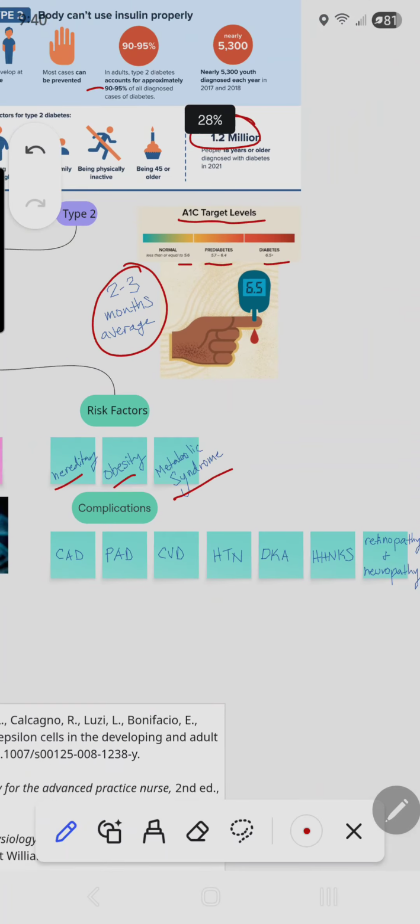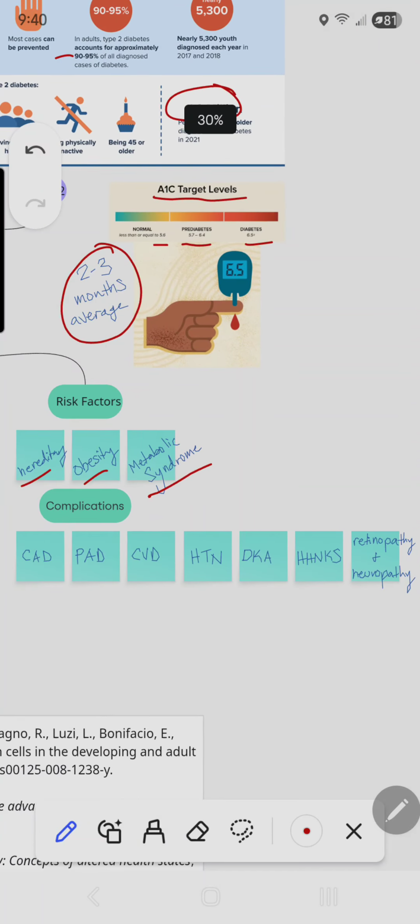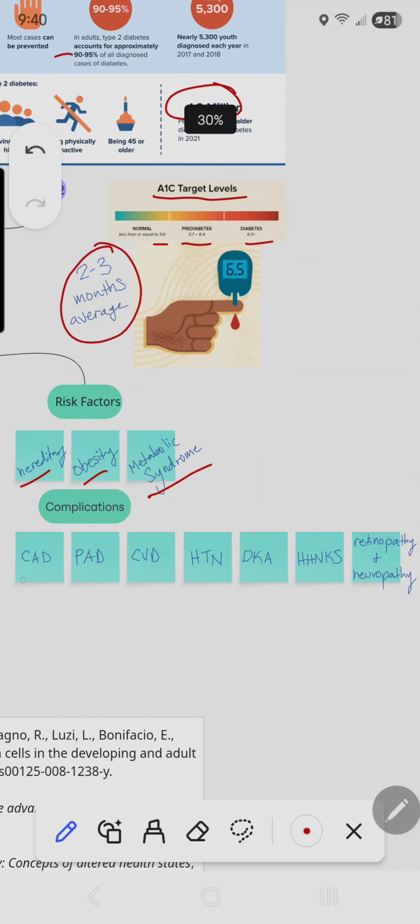There are some complications with diabetes to be aware of. These are going to be things like coronary artery disease, peripheral artery disease, cardiovascular disease, or cerebrovascular disease, rather. Hypertension.